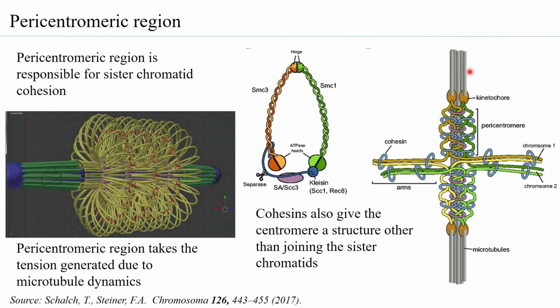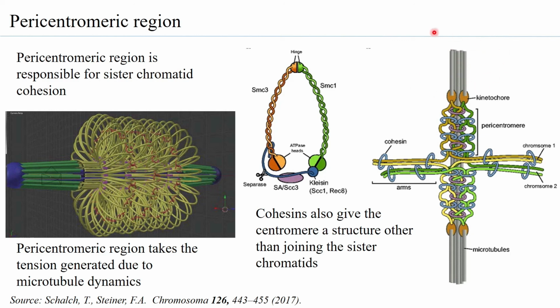We all know that the spindle fiber itself shows what is called dynamic instability. That means it can get assembled and disassembled, and because of disassembly we know that the two sister chromatids are pulled to the two poles.